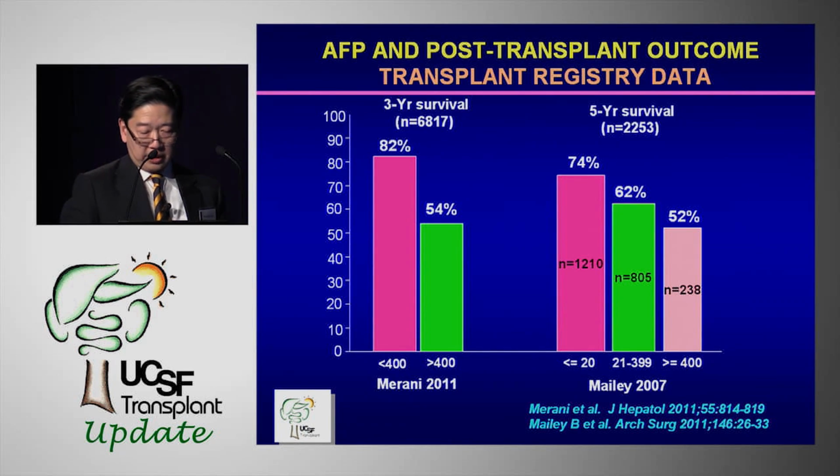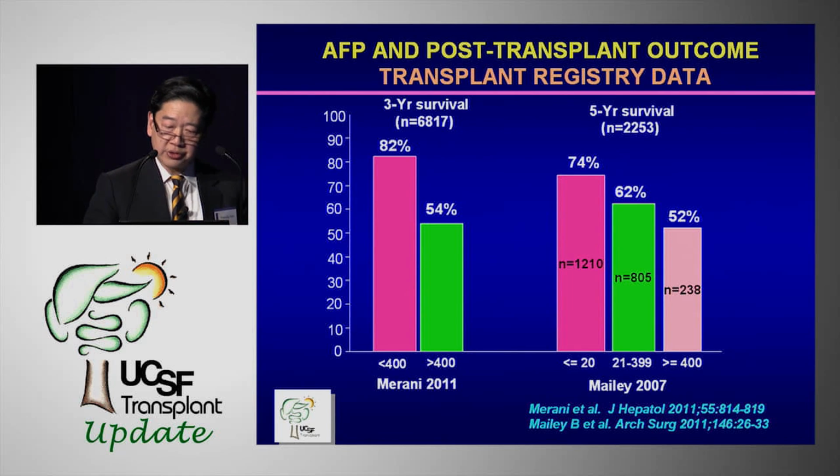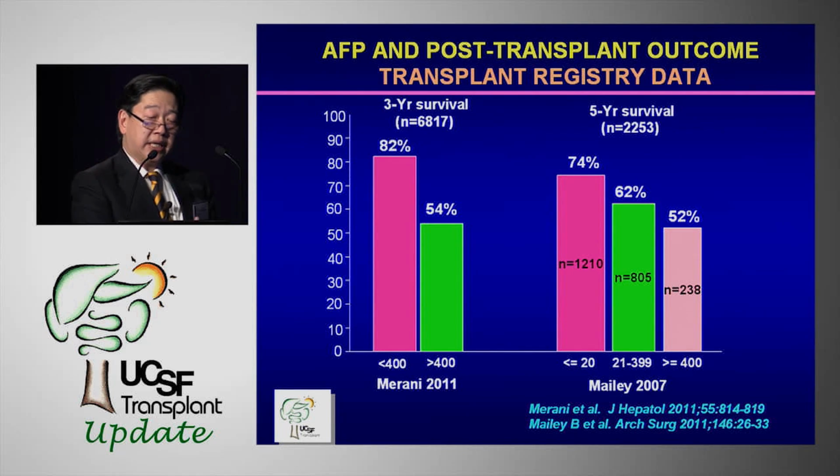Just very quickly going over some data. In the analysis of very large transplant registry data, a cutoff of 400 seemed to predict worse outcome after transplant, but these are registry data without looking at tumor recurrence, so they lack some granularity.